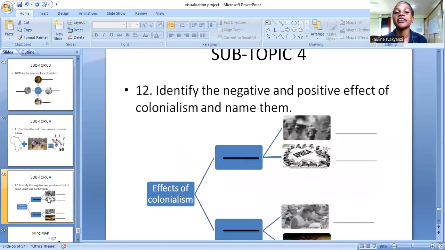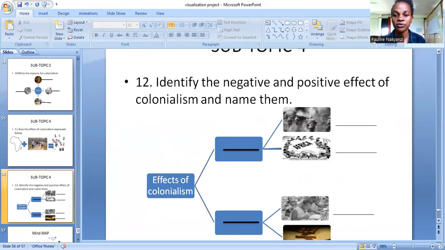Then I told them under subtopic 4 again to identify the negative and the positive effects of colonialism and name them. Here, I used the mind map and wrote the effects of colonialism, left a dash for them to fill in whether it is negative or positive.